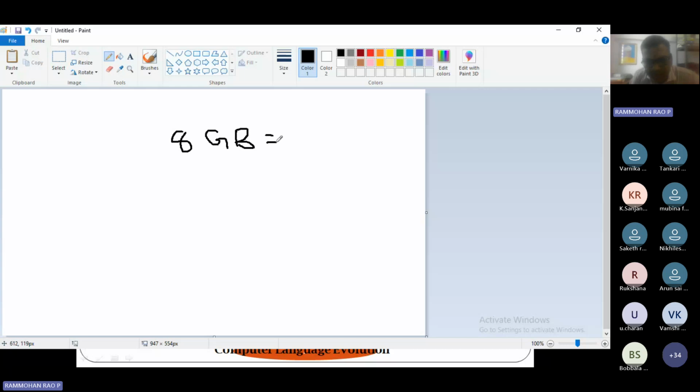So friends, 8 GB means 8 into giga, and giga is 2 power 30. How many bytes? This capital B is as it is. Can I write 8 as 2 power 3? 2 power 3 is 8 only.